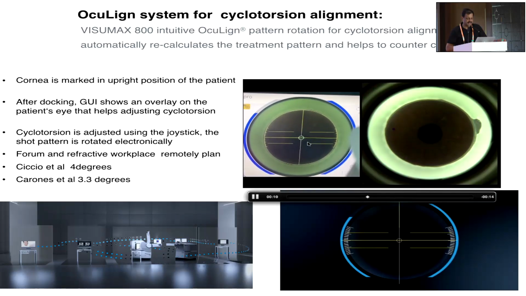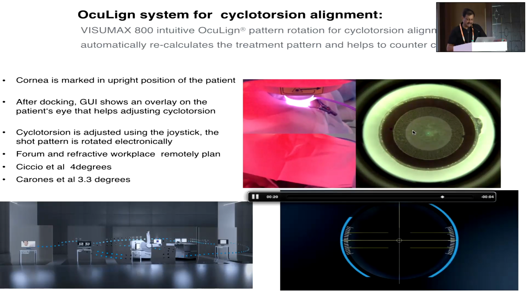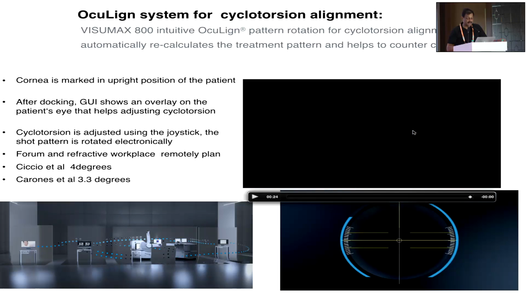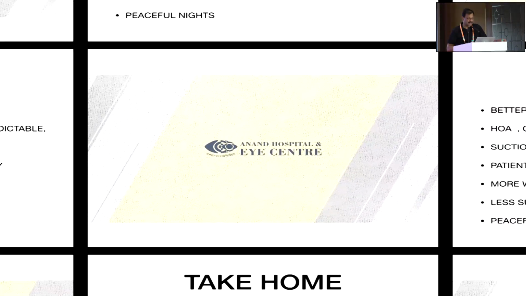If you see here, the moment you rotate the joystick you can press for the ablation to happen. So it's bang on the desired axis, correlating to the 2 marks that you have already taken. But shortly we'll have this centration on the AIOLMaster 700, which will essentially make it a fully automatic system.